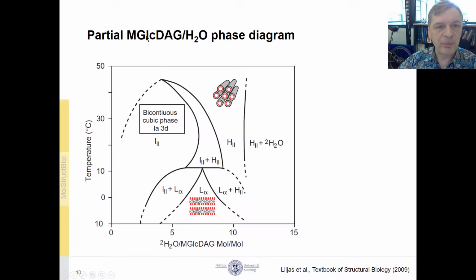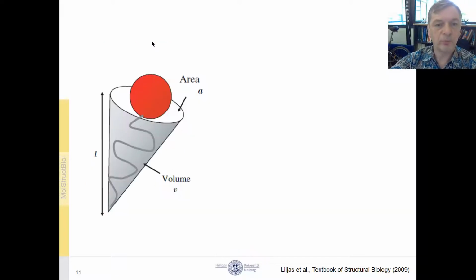Actually, this lipid here is monoglucosyldiacylglycerol. It occurs in chloroplasts and has something to do with packaging in chloroplasts, for example of the protochlorophyllide oxidoreductase, as much as I remember. And that is interesting. Humans don't have cubic phases and also not this kind of strange lipid from plants. But plants are not strange at all.